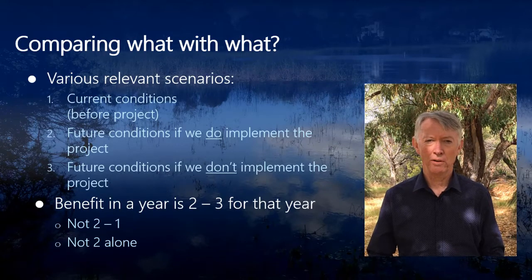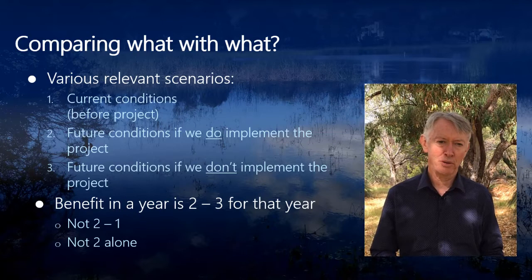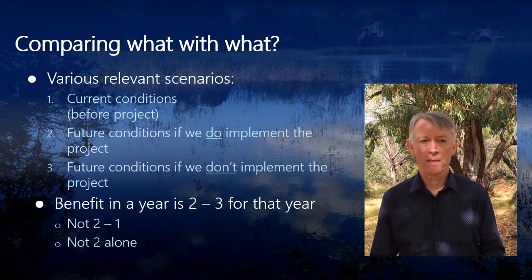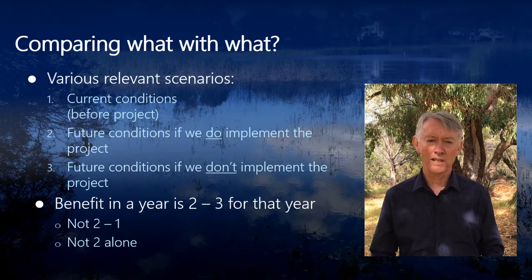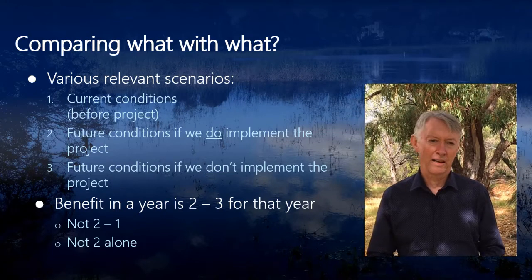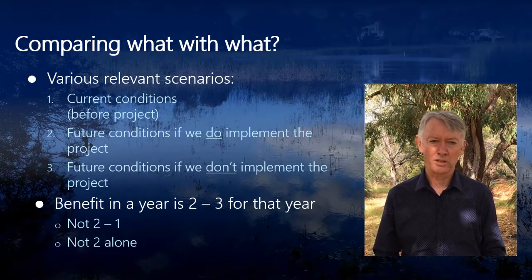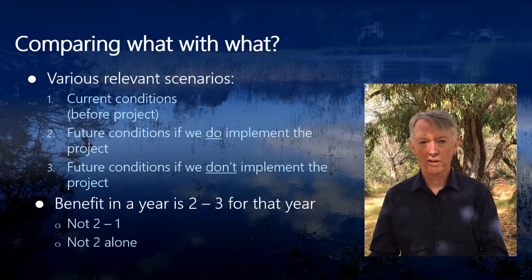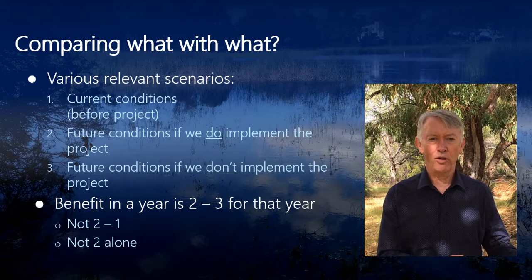So when we're comparing what with what, and we have these various scenarios of before the project, after the project, with or without the project, then the benefits are always going to be calculated as number 2 minus number 3 for a particular year. It's important to realise that it's not number 2 minus number 1. We're not measuring conditions with the project versus conditions before the project.